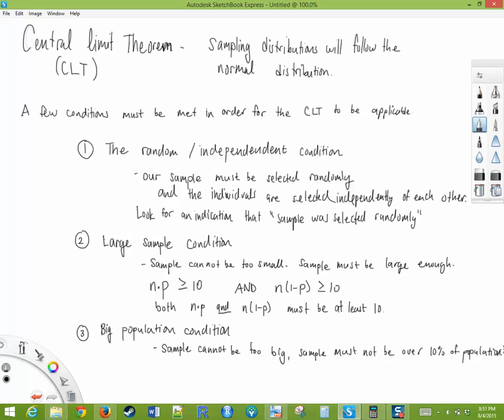So all of our rules kind of follow this rule of 10 thing. Basically, you just have to make sure that the population is at least n times 10. And if that's not met, then the big population condition is not met.